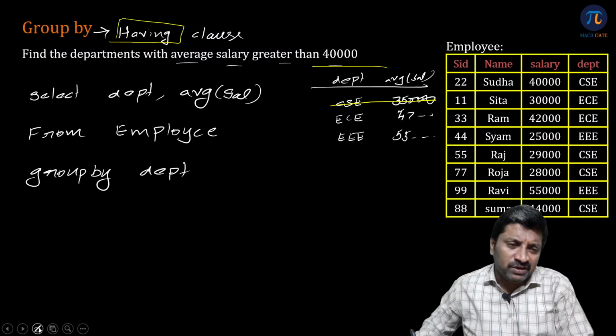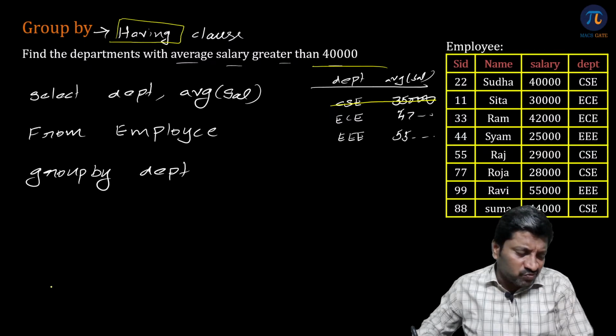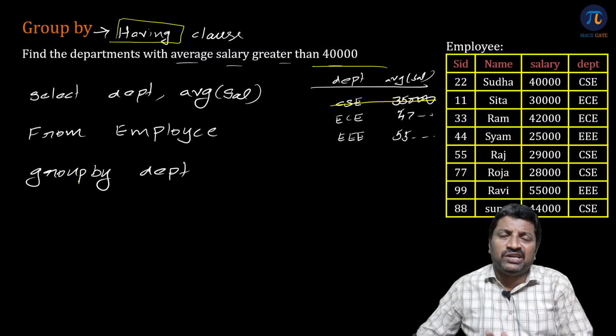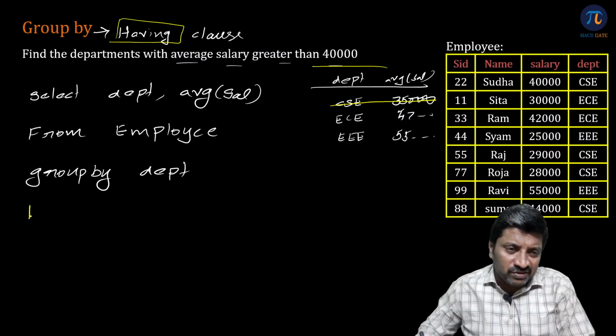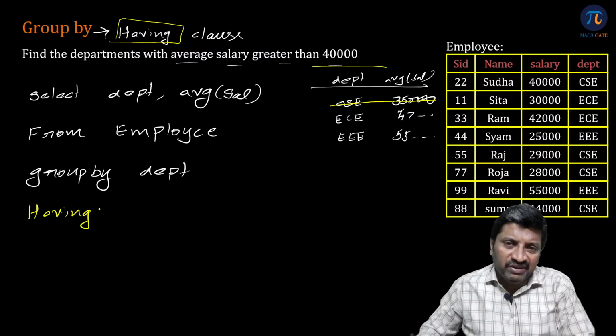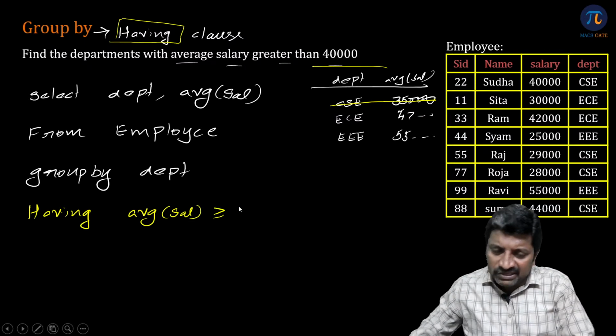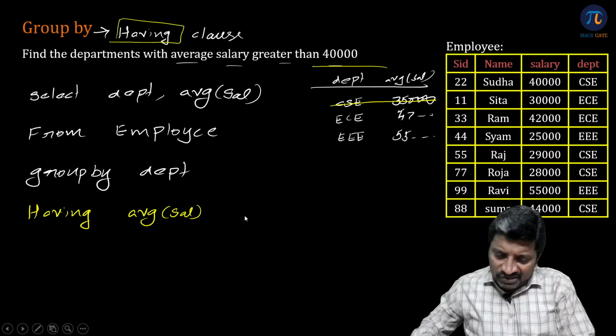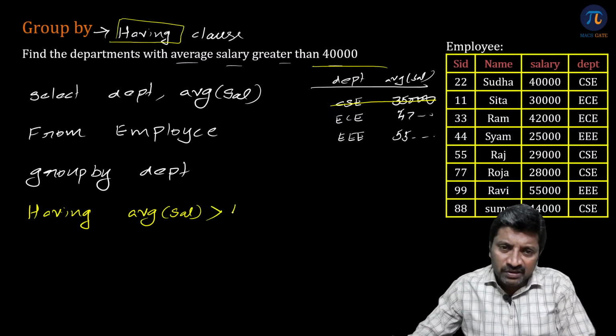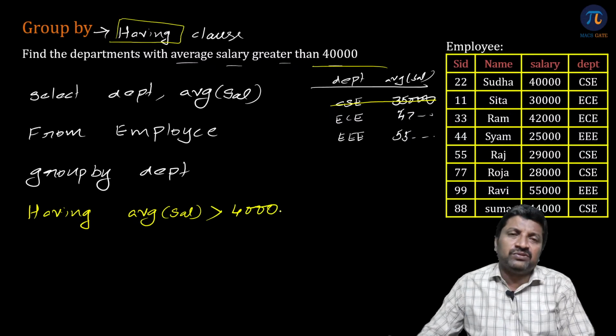Up to here it's fine, sir. Now I want only the records which satisfy the condition that average salary is greater than this one. So for that we use having. The records having average of salary greater than, it is strictly greater than, 40,000.